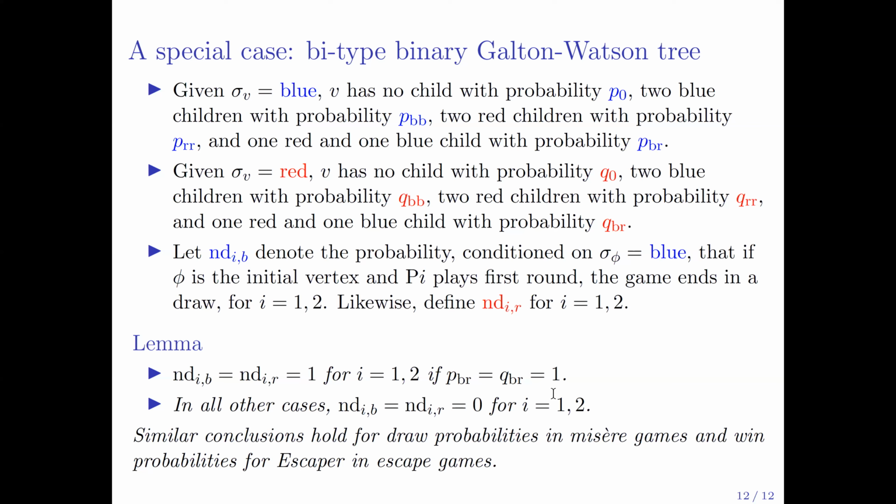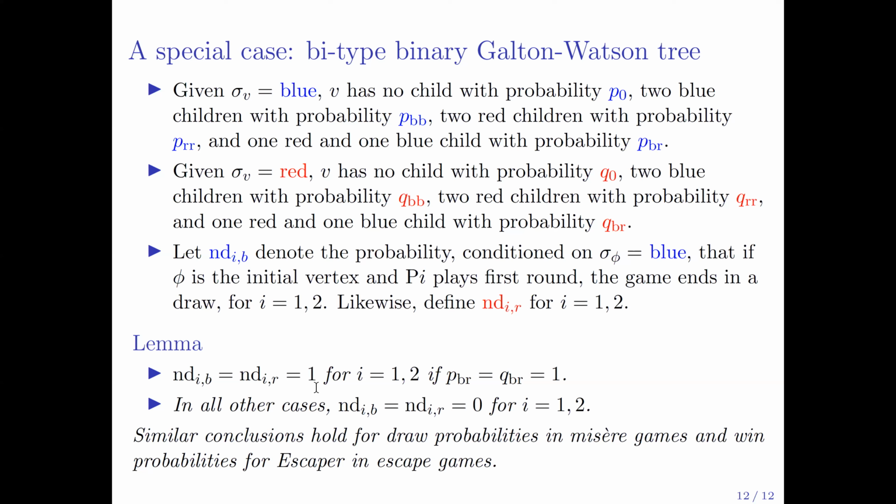Meaning you get this tree where, let's say the root is blue, then you have 1 red, 1 blue child. Each of them has 1 red, 1 blue child, and you continue like that. In that case, obviously the draw probability will be equal to 1, no matter who starts the game, because every player always has room to move the token.